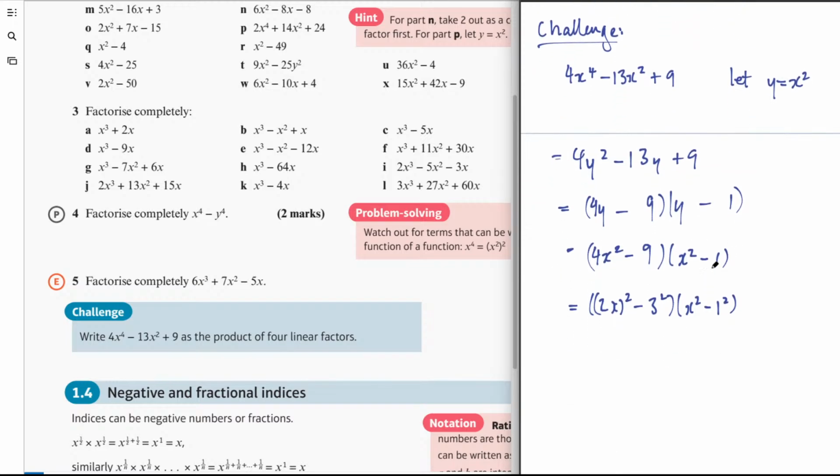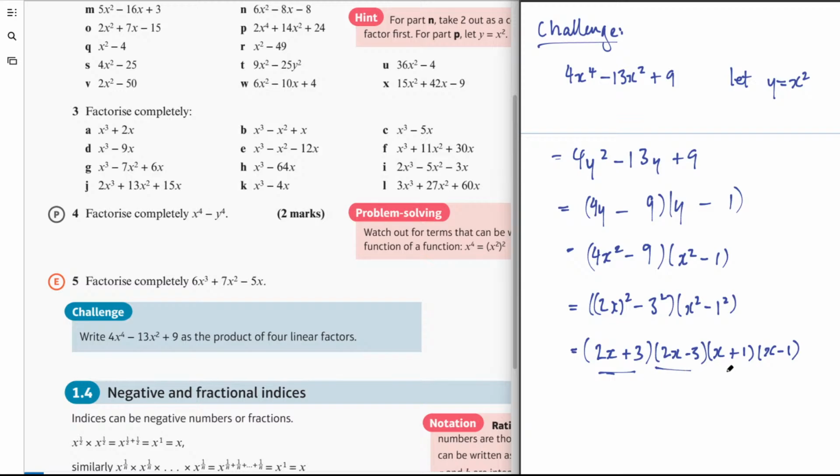You don't have to write the 1 squared, but it just helps with the explanation, I guess. So then we have two sets of differences of two squares. And we know how to deal with these. We write this as 2x plus 3, 2x take 3, and this one we can write as x plus 1 and x take 1. And then we have written it as the product of 4 linear factors.